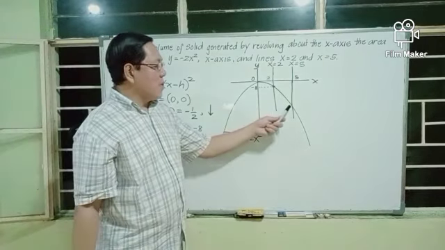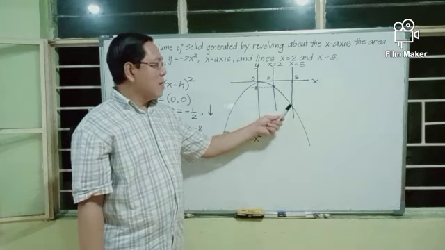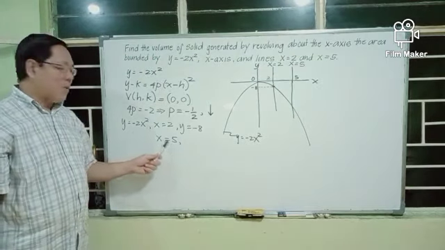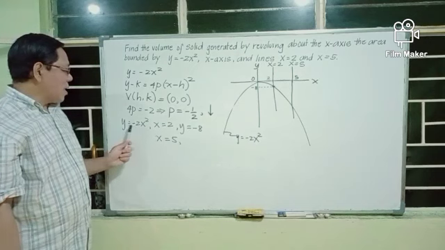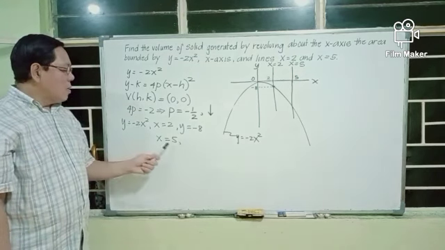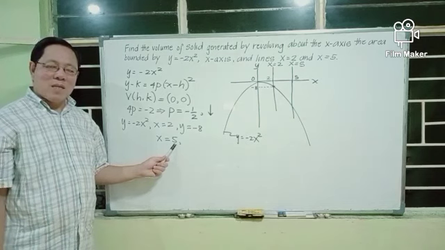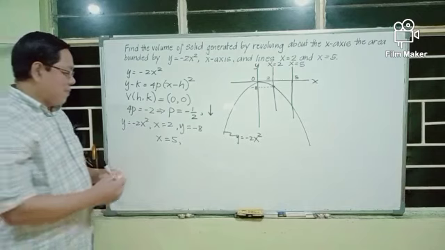At this point, we already know the abscissa. The value of x is 5, and when x equals 5, we find the value of y by replacing x with 5, and we get y equals negative 2 multiplied by 5 squared, and 5 squared is 25, multiplied by minus 2 is negative 25.